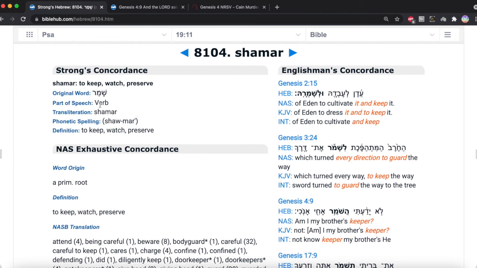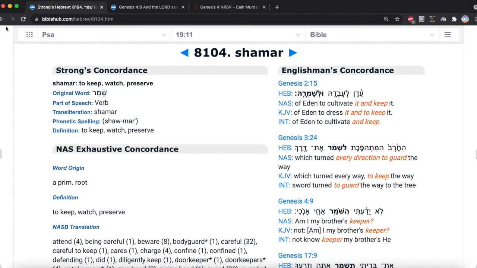Shamar is a verb, and so again, it looks like this in the Hebrew. You write it in English letters as shamar, and then if you want to know how to pronounce it without knowing Hebrew, shamar. And by the way, this is the stress, so it's not shamar, it's shamar, is what that helps you figure out. And it means to keep, to watch, to preserve.